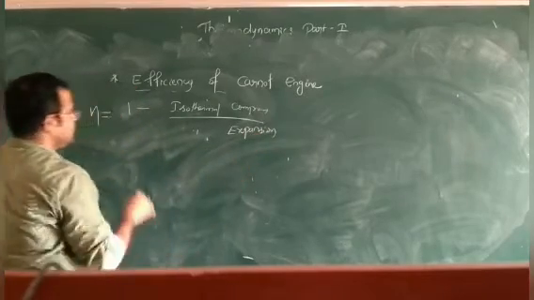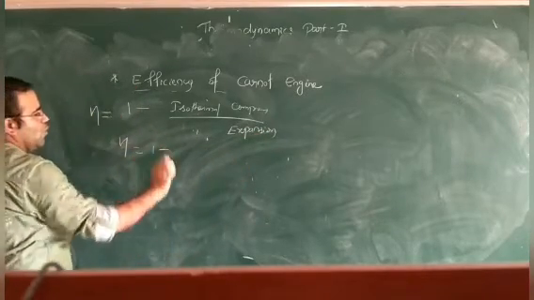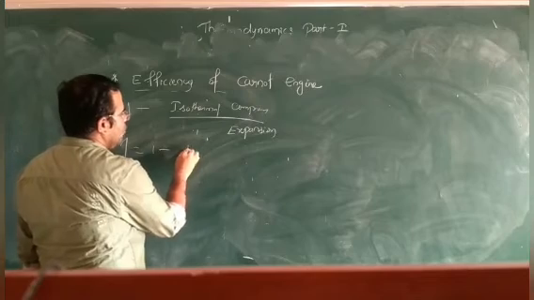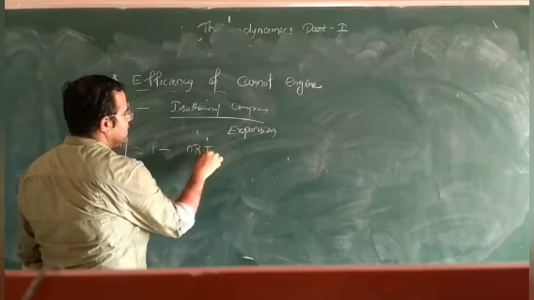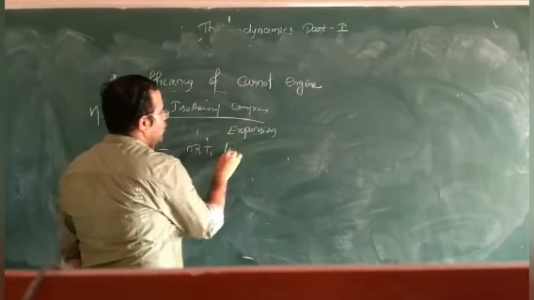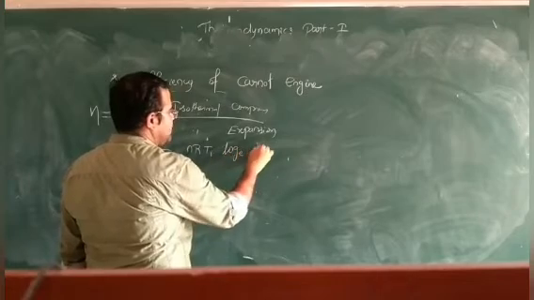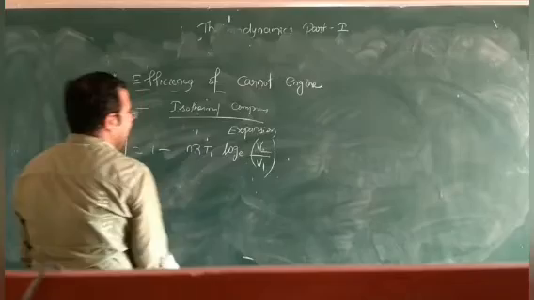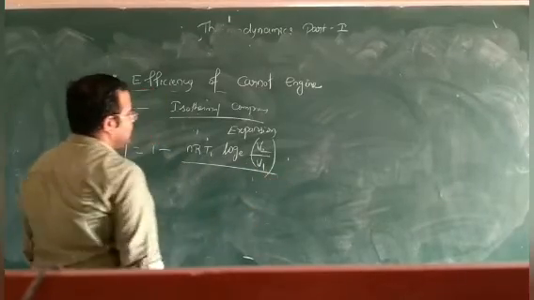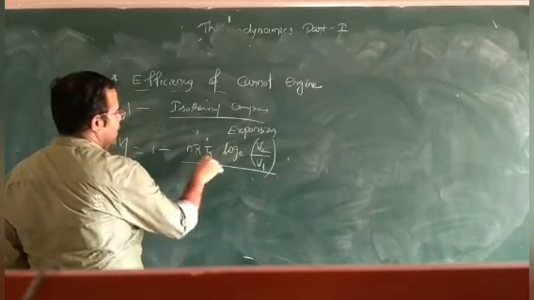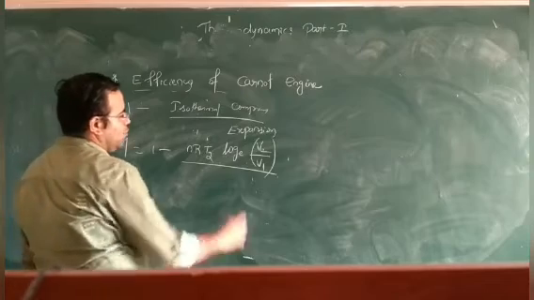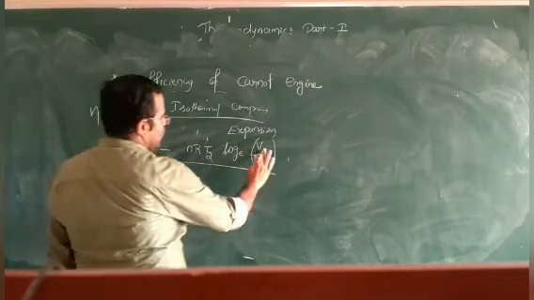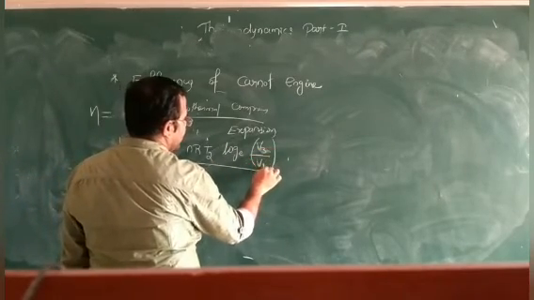When you write the equations here, eta is equal to 1 minus, now we are going to observe nRT1 log to the base e, V2 divided by V1, again divided by, sorry, nRT2 log to the base e, V3 divided by V4.